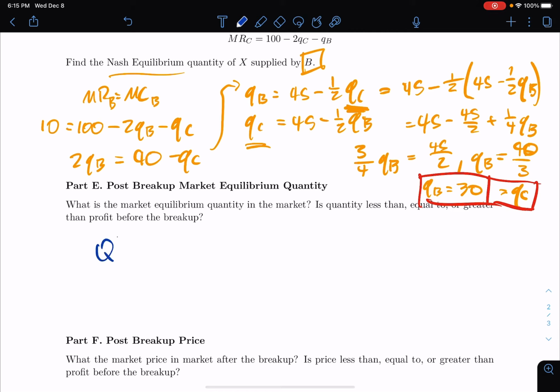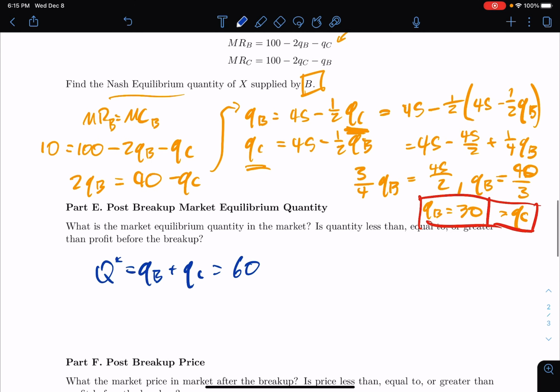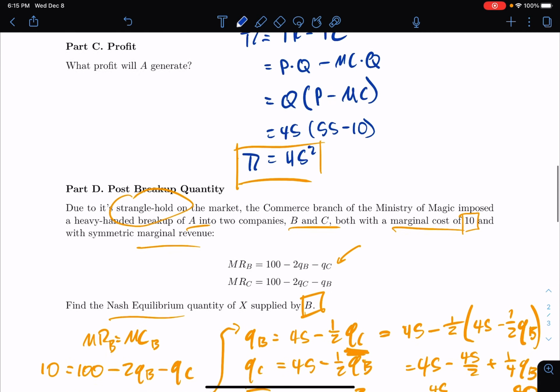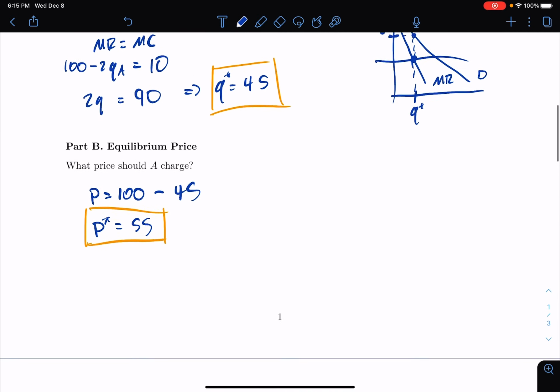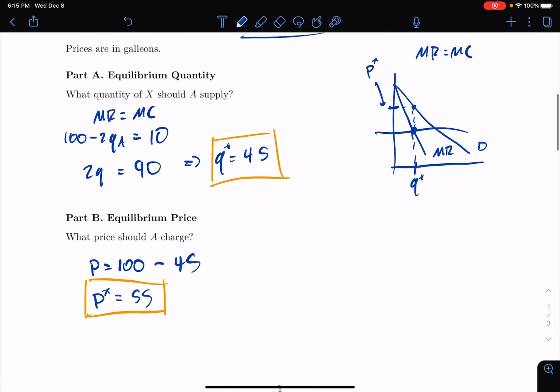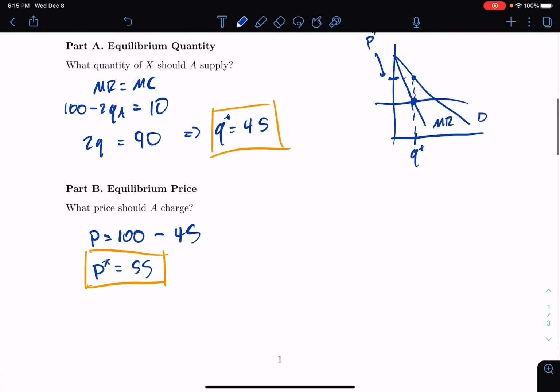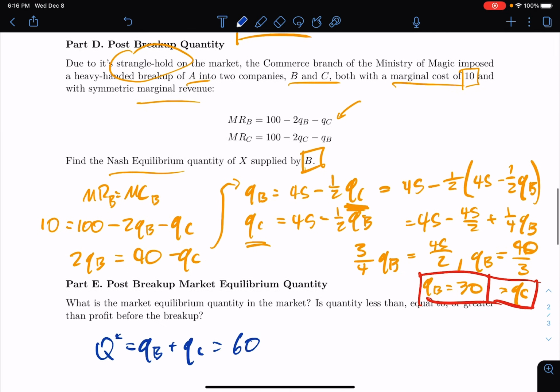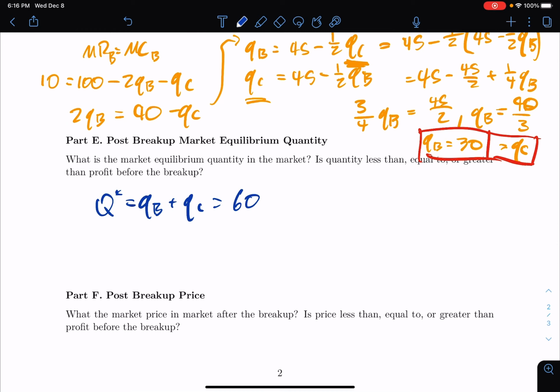So our Q star is just QB plus QC, which is just 2 times either one of them, which is just 60. So we found the equilibrium quantity in this market, and we're asked to check it against the equilibrium quantity for the monopolist. So we went from 1 firm to 2 firms, and it looks like we went from 45 to 60. So let's just write this down.